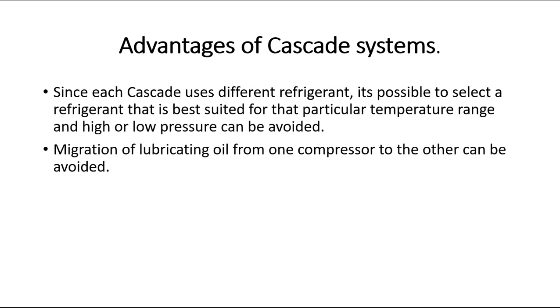Now advantages of the cascade system. Since each cascade uses a different refrigerant, it's possible to select a refrigerant that is best suited for that particular temperature range, and high or low pressure can be avoided.